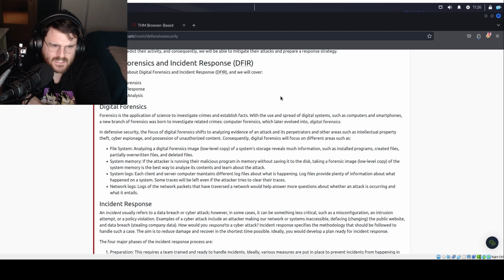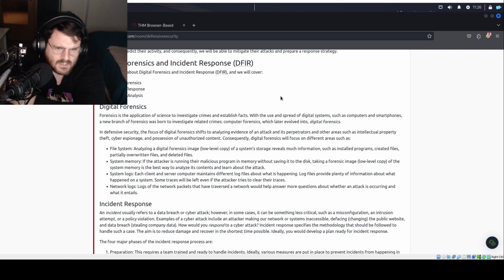Consequently, digital forensics will focus on different areas such as file systems. Analyzing a digital forensics image, a low-level copy of a system storage, reveals much information, such as installed programs, created files, partially overwritten files, and deleted files.